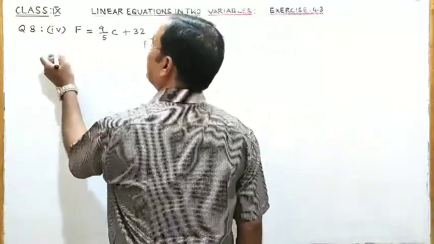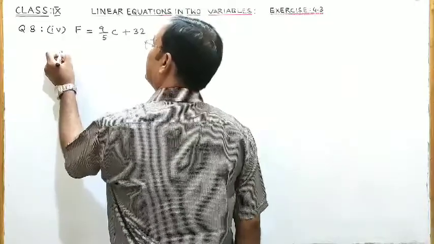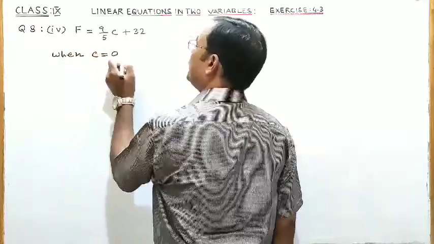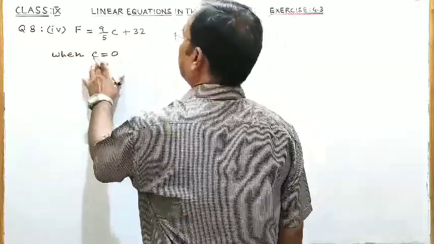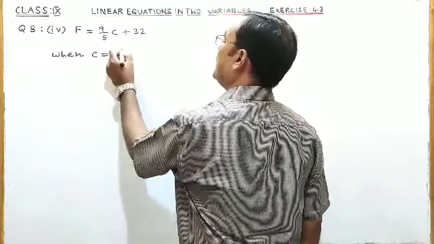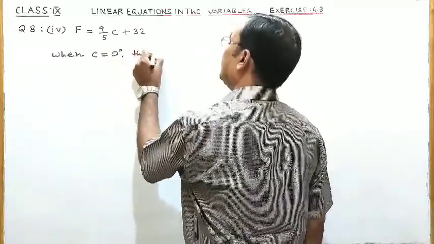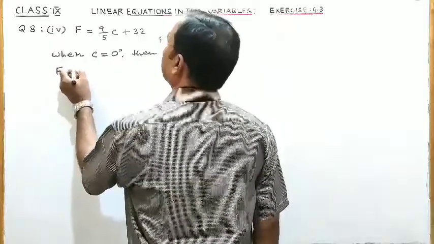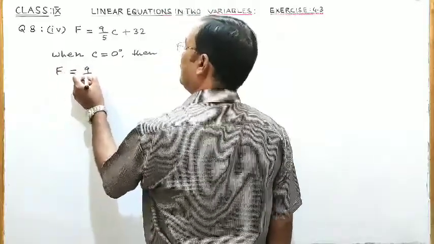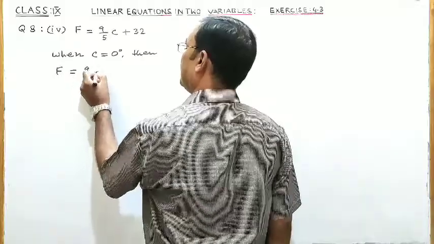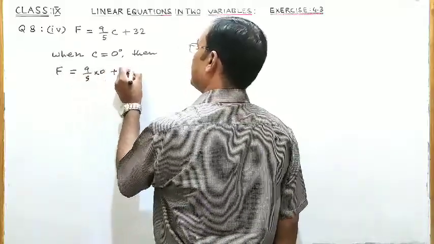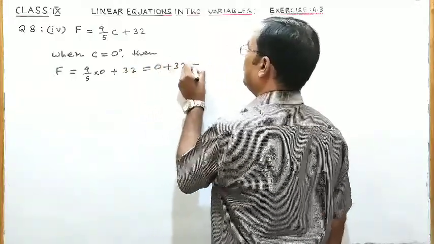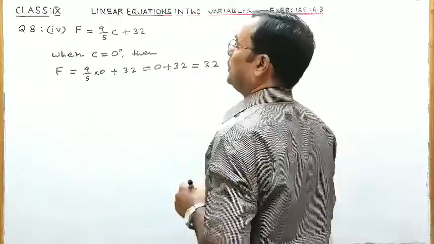When C equal to 0, Celsius temperature is 0 degree, then Fahrenheit F equal to 9 by 5 into 0 plus 32 equal to 0 plus 32 equal to 32.